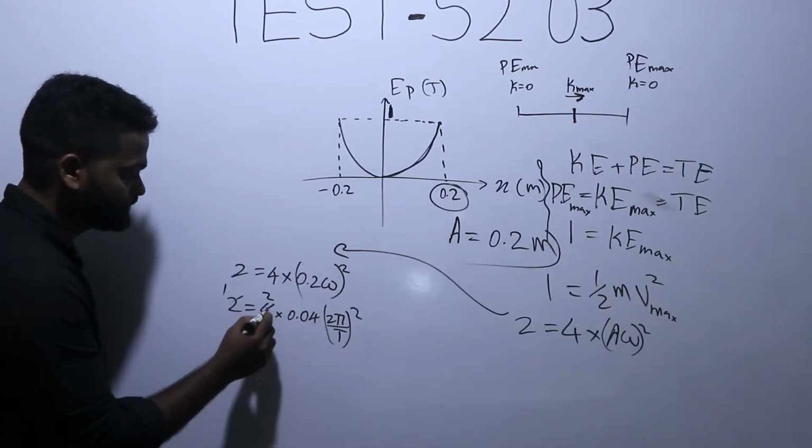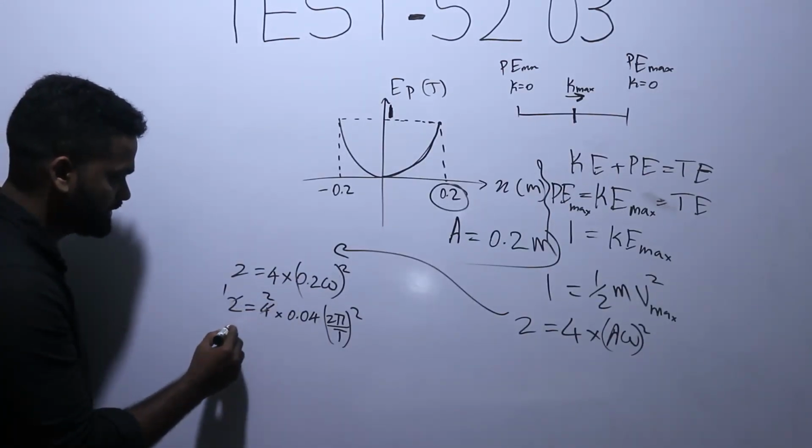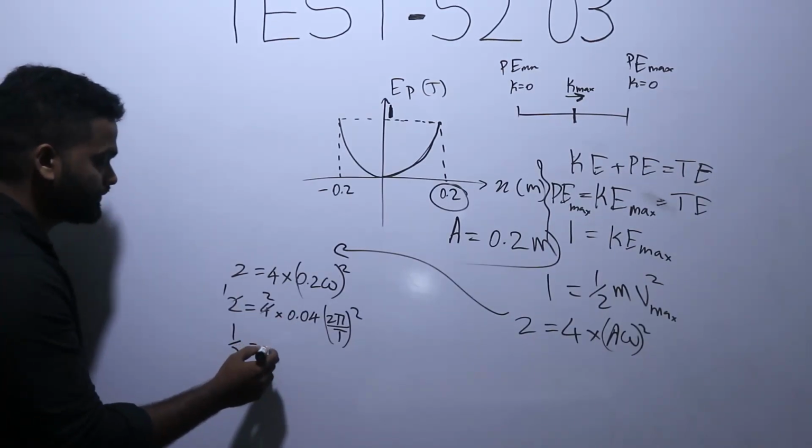If you cross multiply that, this is 1 over 2, 0.04.